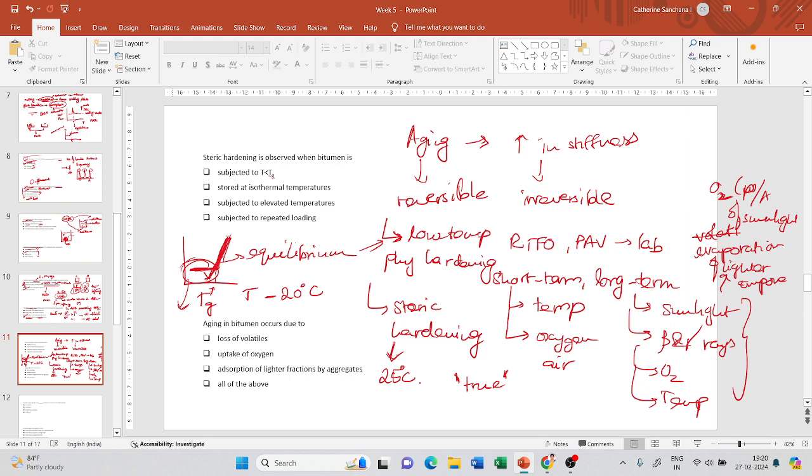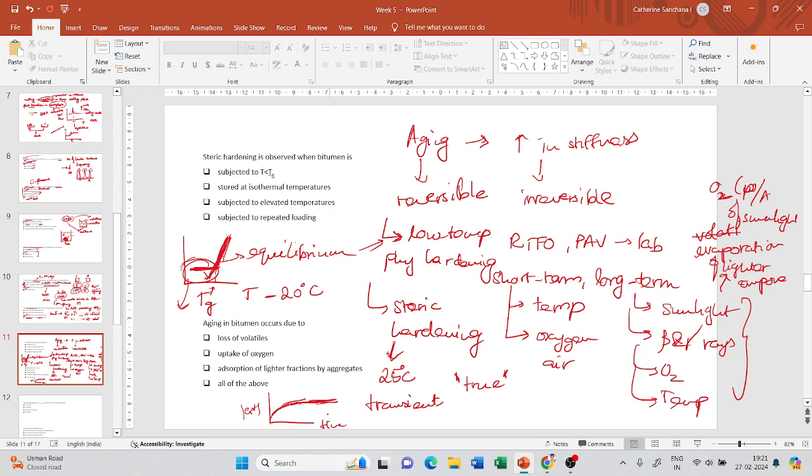But actually it will change because of this steric hardening property. Now if you see, again the material is in a transient state here. So if you see the change in properties with time, with increase in storage time, say my modulus will increase, and then it will attain a constant value.